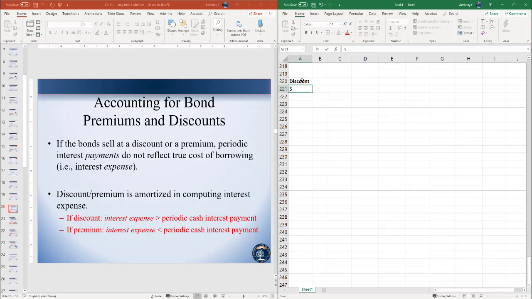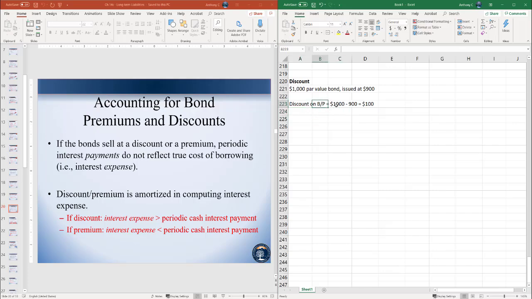Before we said we have a $1,000 par value bond and it's issued at $900. And so we said the difference between the issue price and the par value is the discount on bonds payable. 1,000 minus 900, which equals $100.